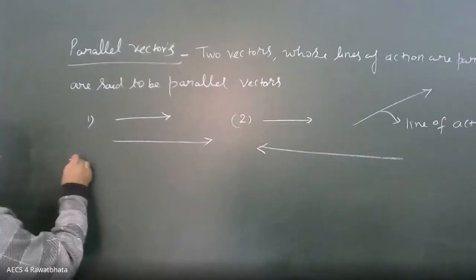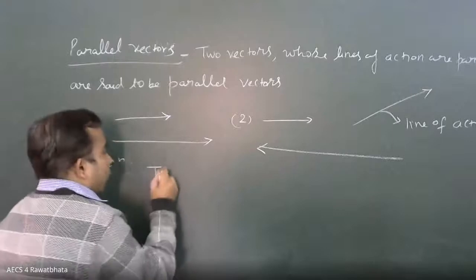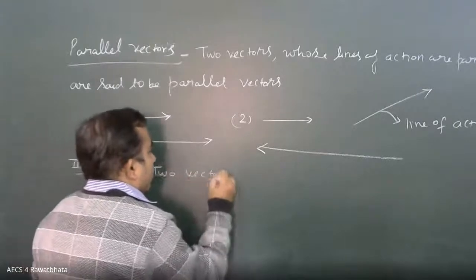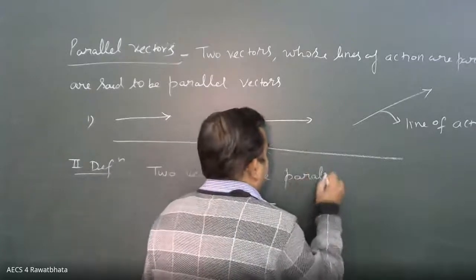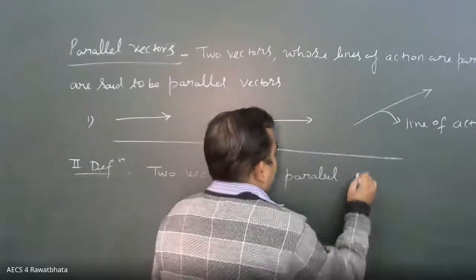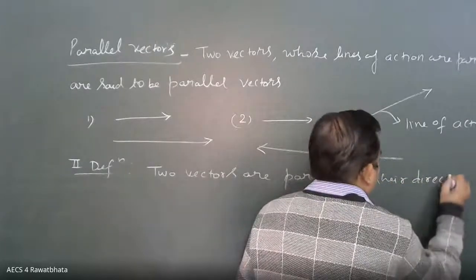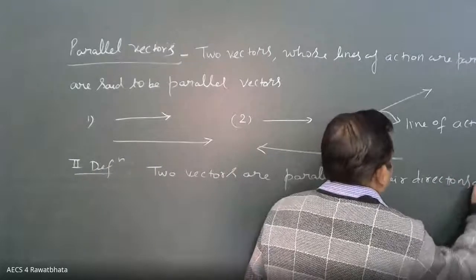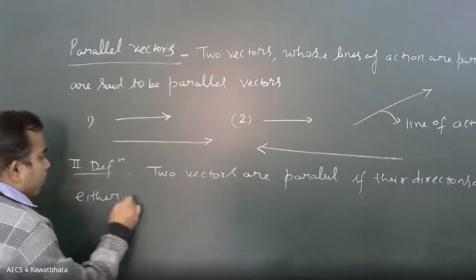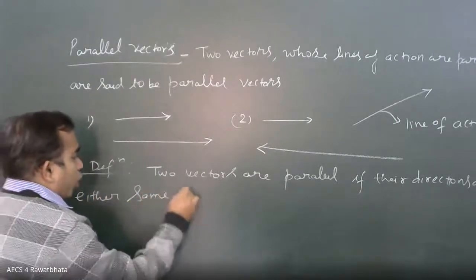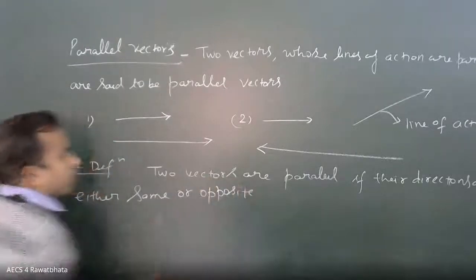That second definition, if you want to say: two vectors are parallel vectors if their directions are either the same or opposite, because in both cases they will be parallel.